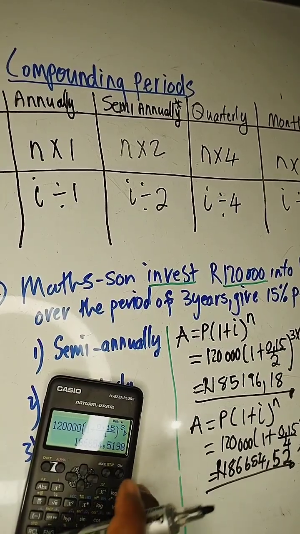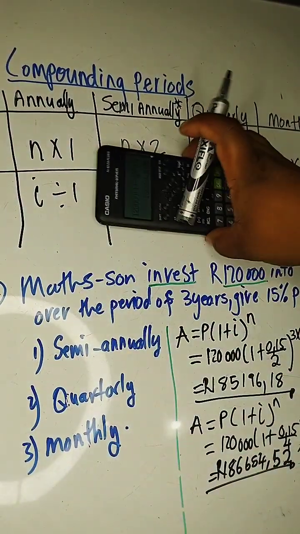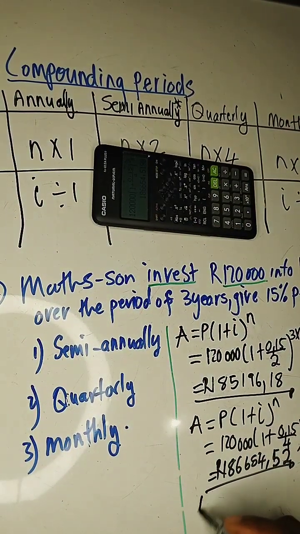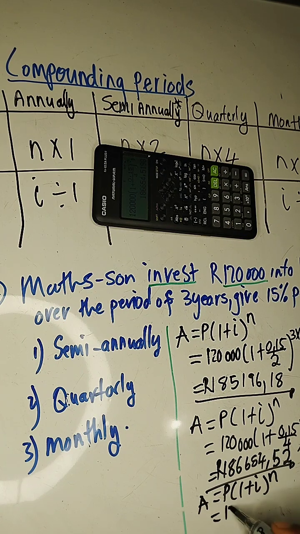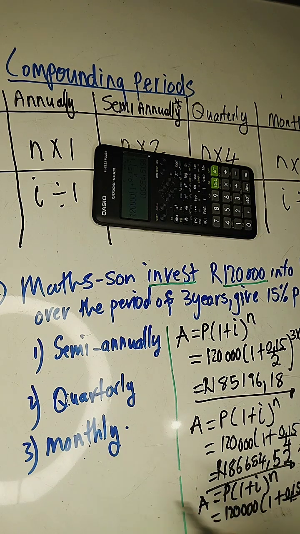That is what we have if it's compounded quarterly. Now let's do the last one, where it is compounded monthly. A equals P into 1 plus I exponent n. So we know that it's 120,000 into 1 plus 0.15 all over 12, since monthly is 12, exponent 3 multiplied by 12.